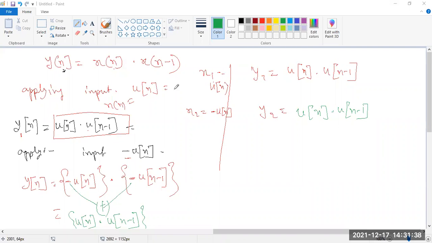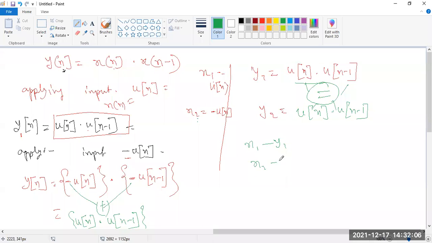Tell me, is the system invertible or non-invertible? You got x1 in, then you got y1, and x2 is different, but you get the same value, so it does not give one to one mapping.